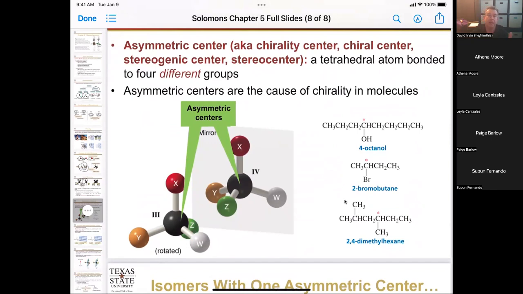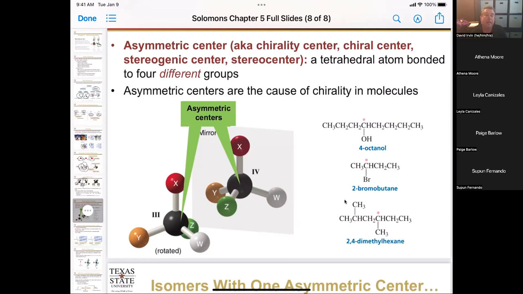Okay, so that could be a chiral center, a stereogenic center, a stereocenter, a stereocarbon, a chiral carbon. All of those words mean the exact same thing, but they all have the same thing involved. They have a tetrahedral atom, it doesn't have to be carbon. They have a tetrahedral atom with 4 different groups. That's the first requirement for chirality.